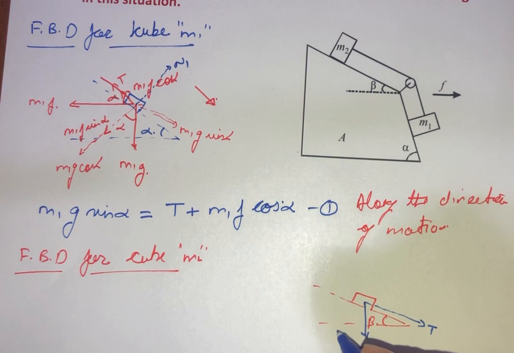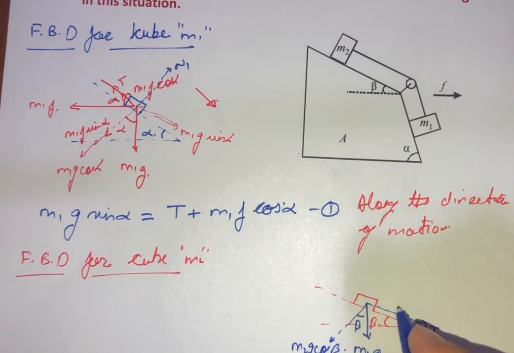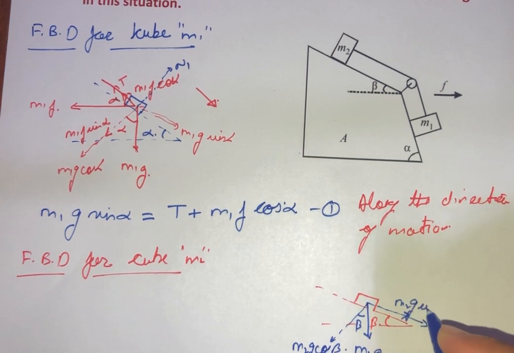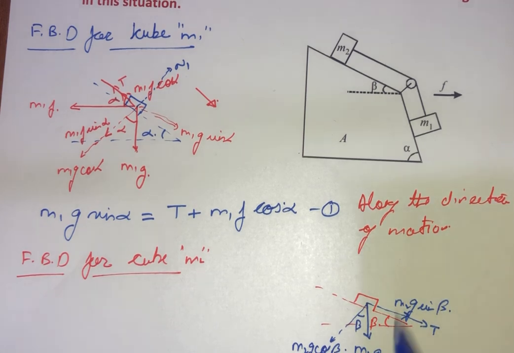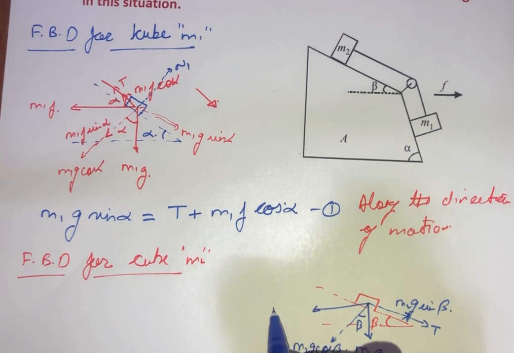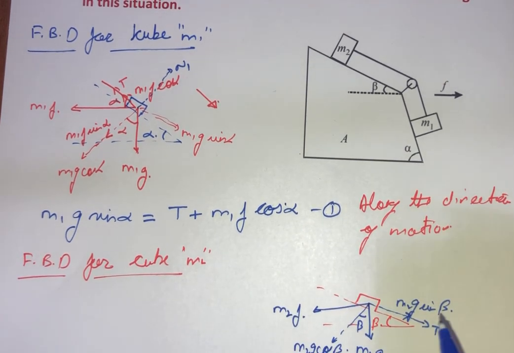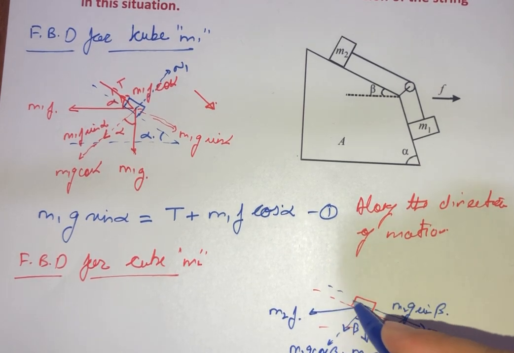Now this M2G can be divided into two parts. This will be our beta, so we get this as M2G cos of beta, and along this axis it will be M2G sin of beta, and there will also be a pseudo force M2F, which can also be divided into two parts, in this direction as well as in this direction.